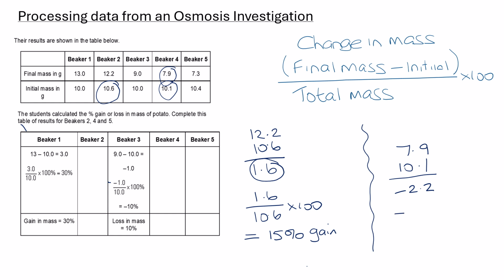So it would be minus 2.2 divided by 10.1 times by 100, and that would give us a value of minus 21.75. The data in the table is only to one decimal place, so we would then round that up to minus 21.8, and that is a loss.